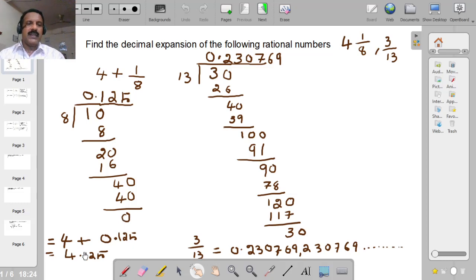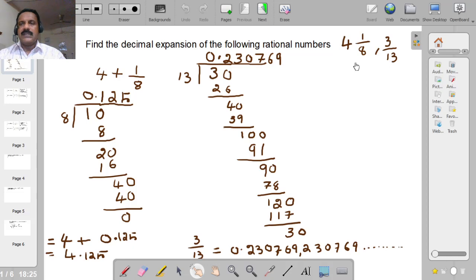So the decimal expansion got terminated. So 4 and 1/8 has a terminating decimal expansion.